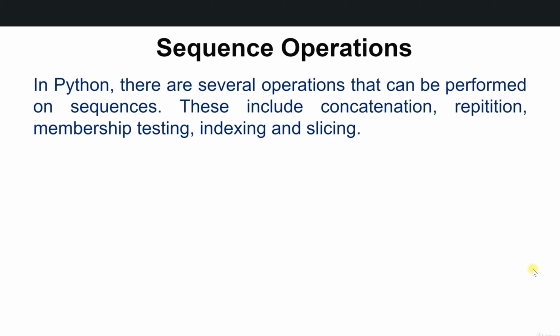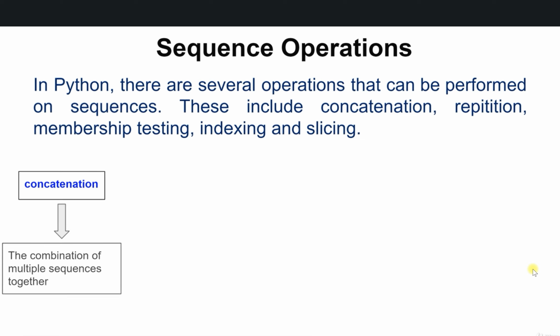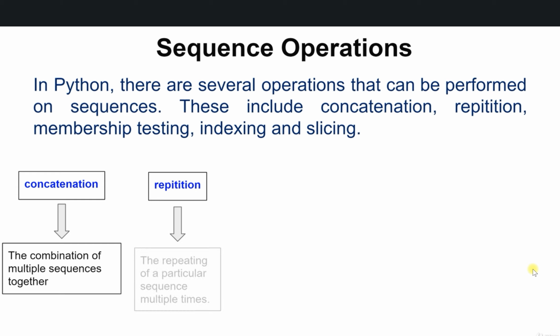In Python, there are several operations that can be performed on sequences. These include concatenation, repetition, membership testing, indexing, and slicing. Concatenation. This is the combining of multiple sequences together. Repetition.